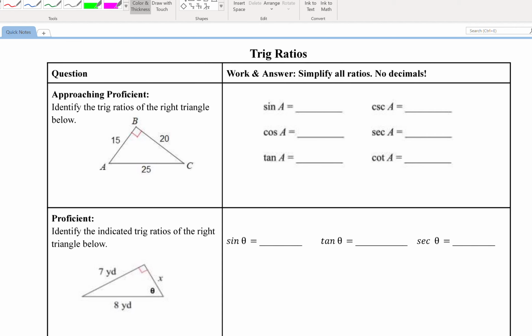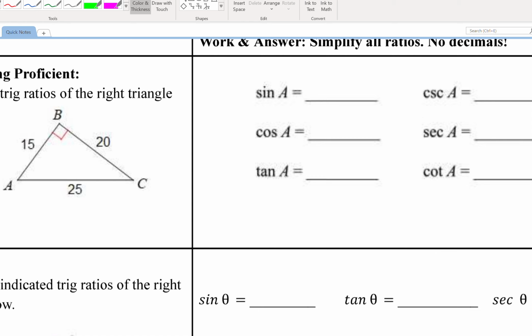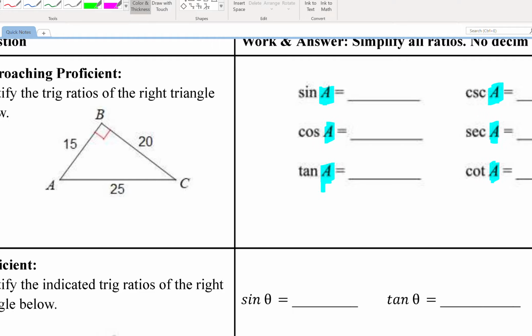So in this first one, they asked us to identify the trig ratios of the right triangle, and we want to notice that they are focused on A for each of these. And so angle A, I'm just going to mark it right here, but I'm also going to mark it with a little theta.